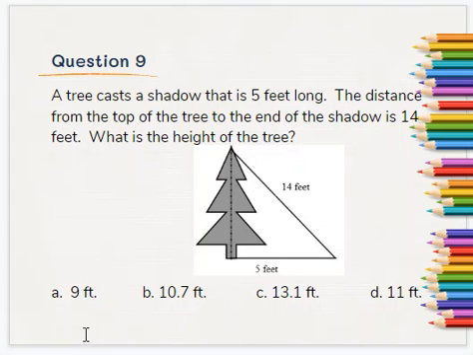Your 4 options are choice A, 9 feet, choice B, 10.7 feet, choice C, 13.1 feet, or choice D, 11 feet. So we need to think about, what do we need to use in order to determine the height of the tree?